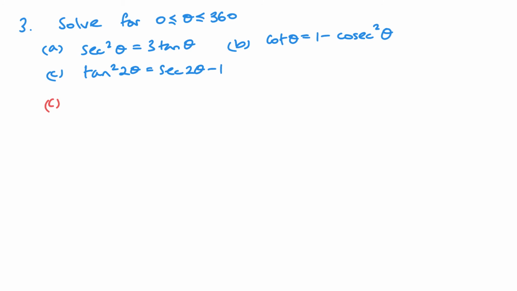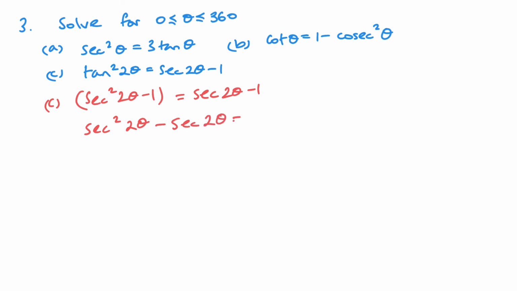In part C, again, we're changing the squared term. So tan squared would be sec squared minus 1. And this equals sec 2 theta minus 1. So sec squared 2 theta minus sec 2 theta equals 0.